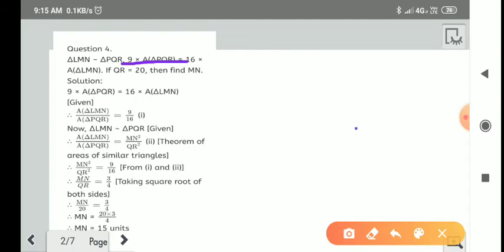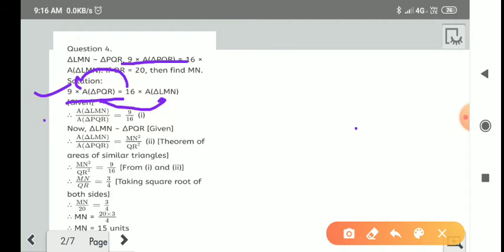So we are given 9 into area of triangle PQR is equal to 16 into area of triangle LMN. Now we have to take the ratio. Transfer the area of triangle PQR to the right side so it becomes divided by the area of triangle LMN, and transfer the 16 to the left side so it becomes divided by 9.